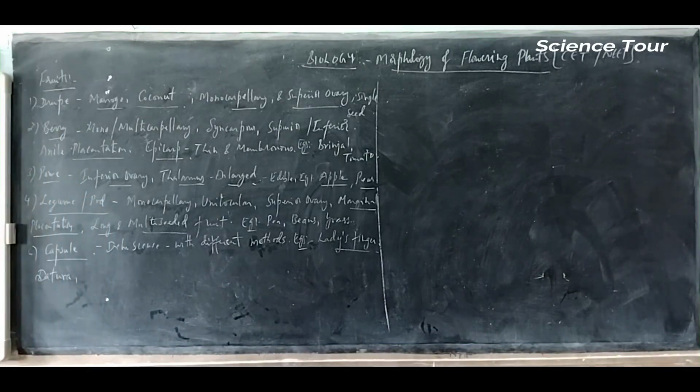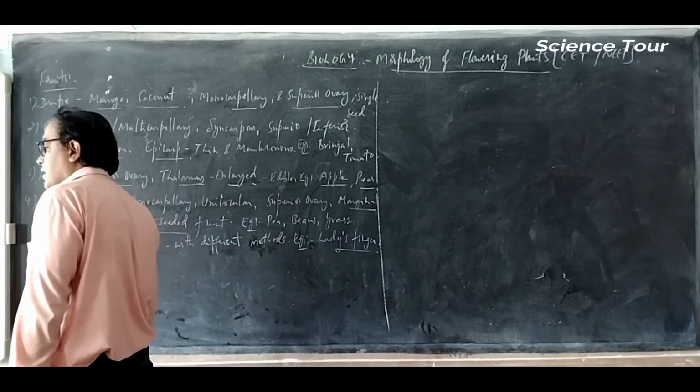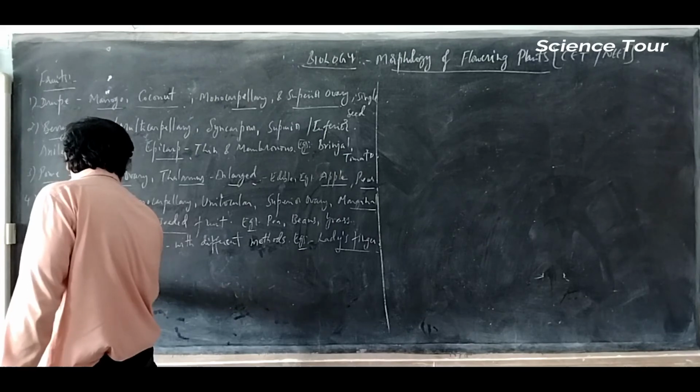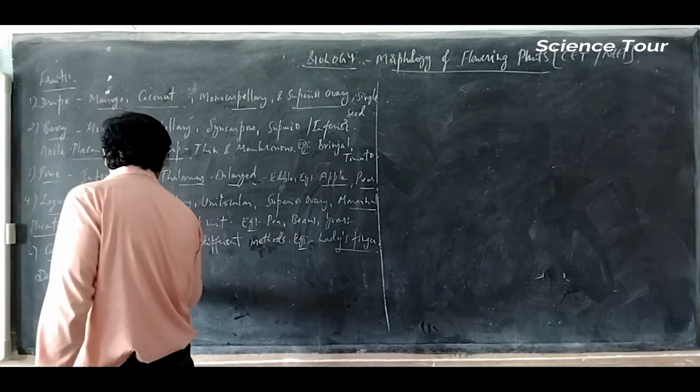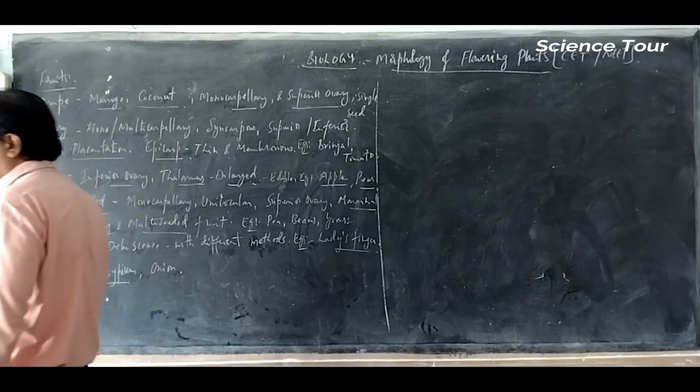Then Gossypium, that is cotton. Now we have already studied the different scientific names. Then comes onion, Allium cepa. These are the examples for capsule.